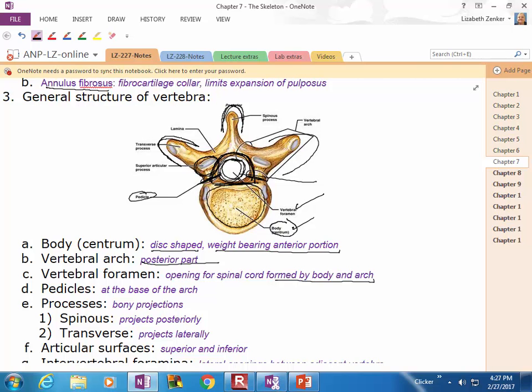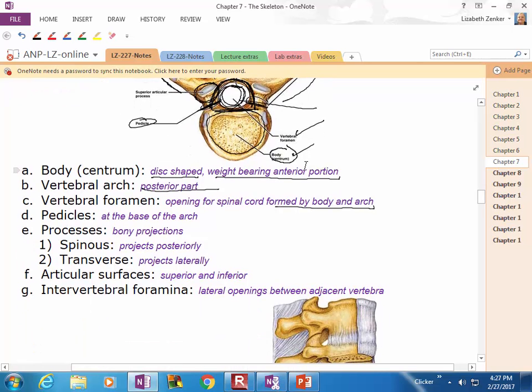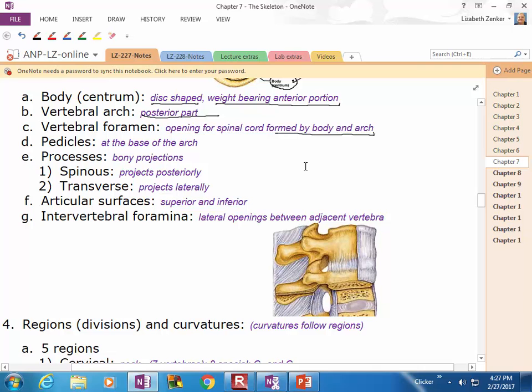Processes are the bony projections, and we have a spinous process, which projects posteriorly, and we have one of those. And you have two transverse processes, which project laterally. So all vertebrae have articulating or articular surfaces, superior and inferior. And then you have the intervertebral foramina, which are the lateral openings between adjacent vertebrae, adjacent meaning the ones next to it.